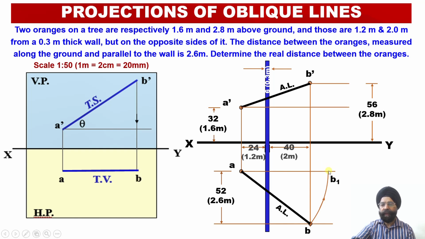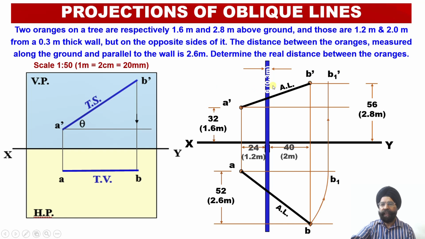So projection will be drawn through this point up to the second point of the elevation over here, that is up to the point B dash locus line. This is the locus line corresponding to the point B dash in the elevation. So from B1 I am going to draw a vertical projector. We can see the orientation of this particular line over here. Once we extend this line up to the locus line corresponding to the point B dash, the intersection of these two lines is going to provide us with the B1 dash point in the elevation.